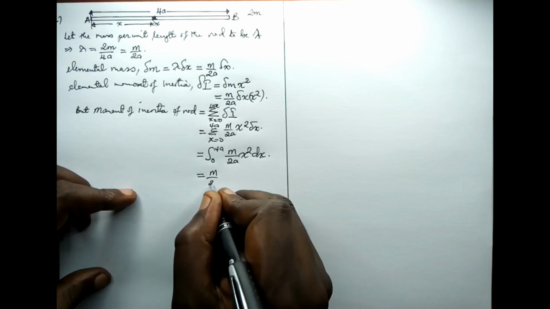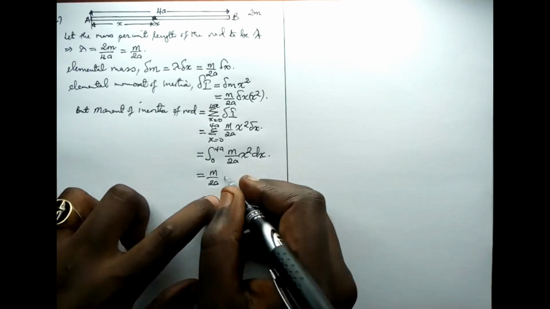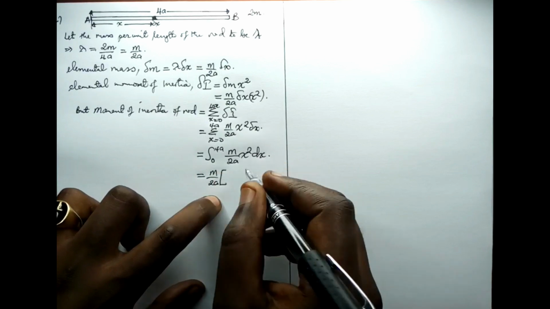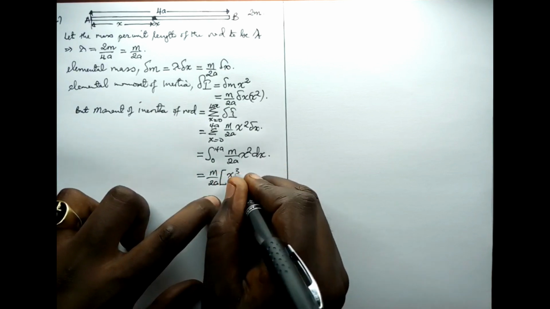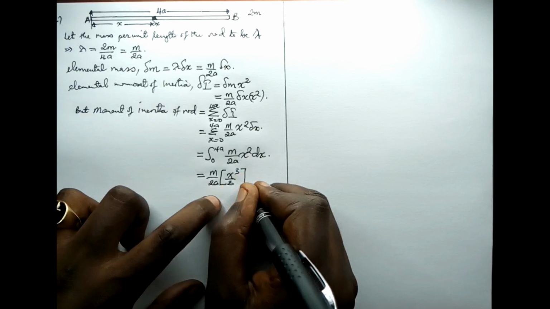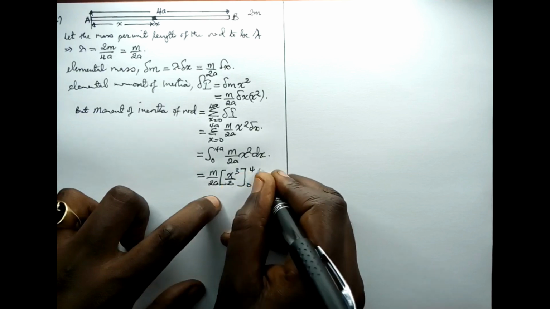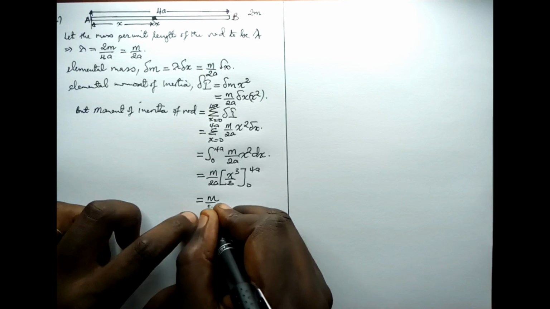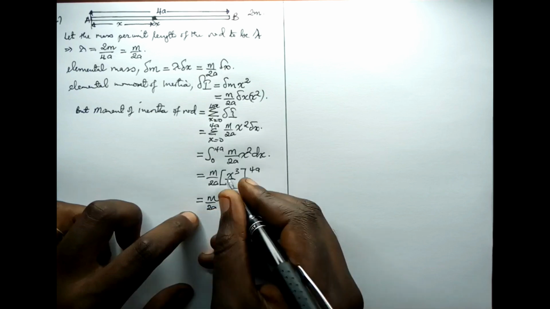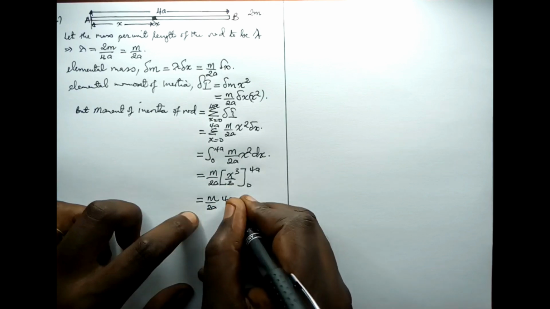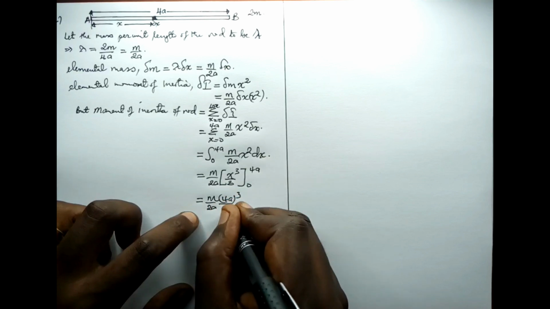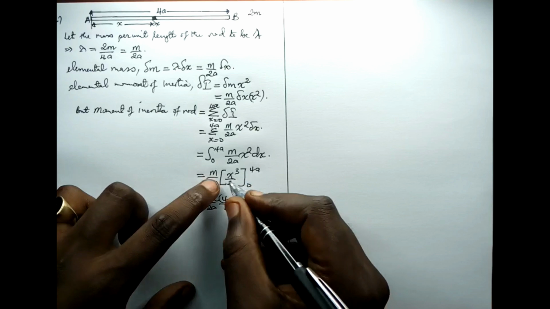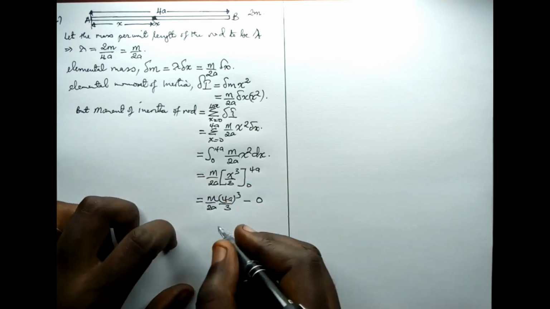M over 2a is a constant, so it goes out, and then when I integrate x squared with respect to x, I get x cubed all over 3 from 0 to 4a. When I substitute, I get 4a all cubed divided by 3 minus 0.